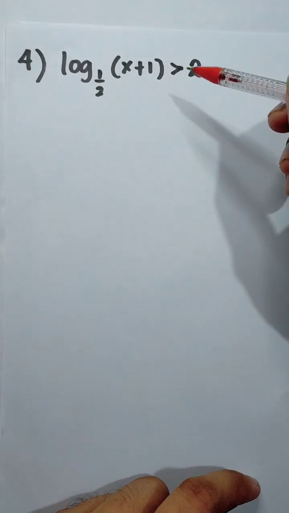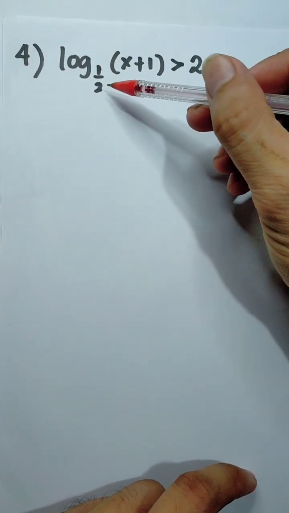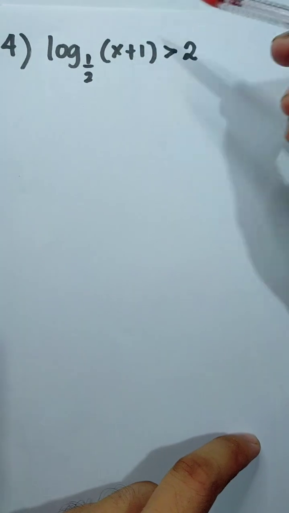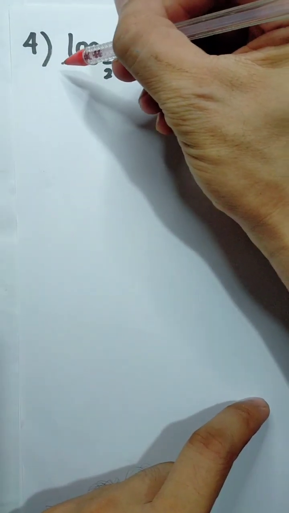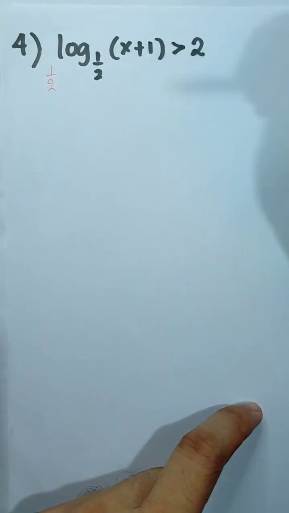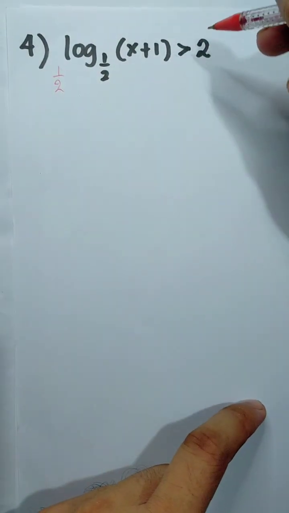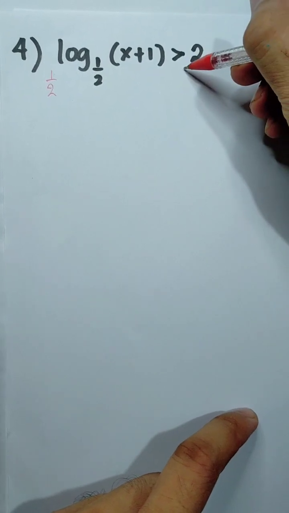Alright, in a case where our base is less than 1, it's going to be different. So let's raise this with a base 1/2 so that we can remove our log function.